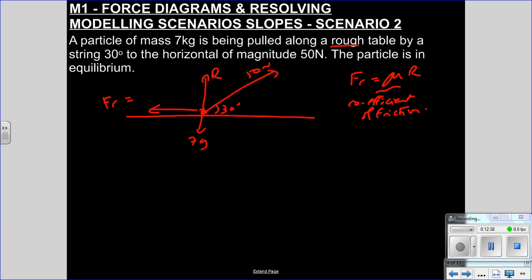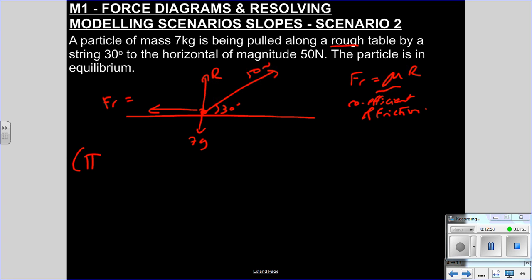So between two different surfaces or materials, once they interact, that has a corresponding frictional coefficient, and you'll either have to find that coefficient or you'll be given it, and then you can use that to find something else.